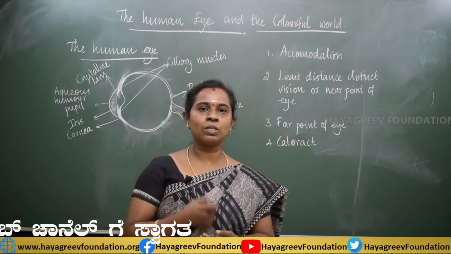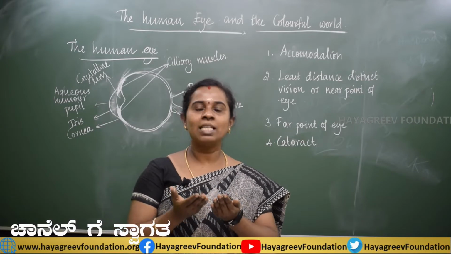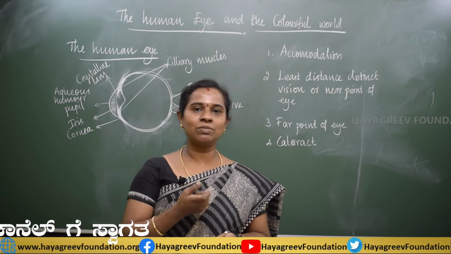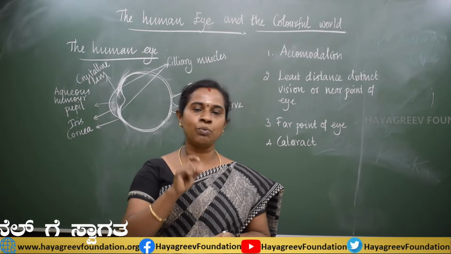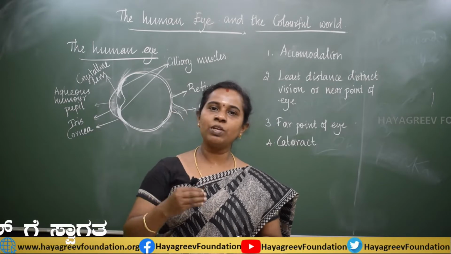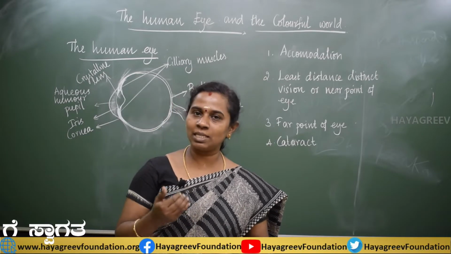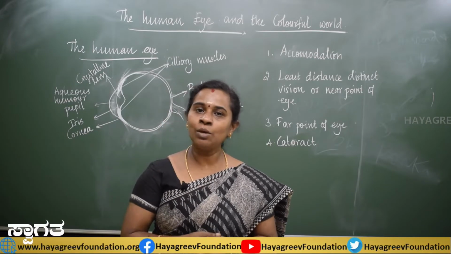How is it going to adjust? When we see a very near object, the ciliary muscles will contract. Due to that, the curvature of the eye lens is going to increase. When the curvature of the eye lens increases, its focal length automatically decreases.